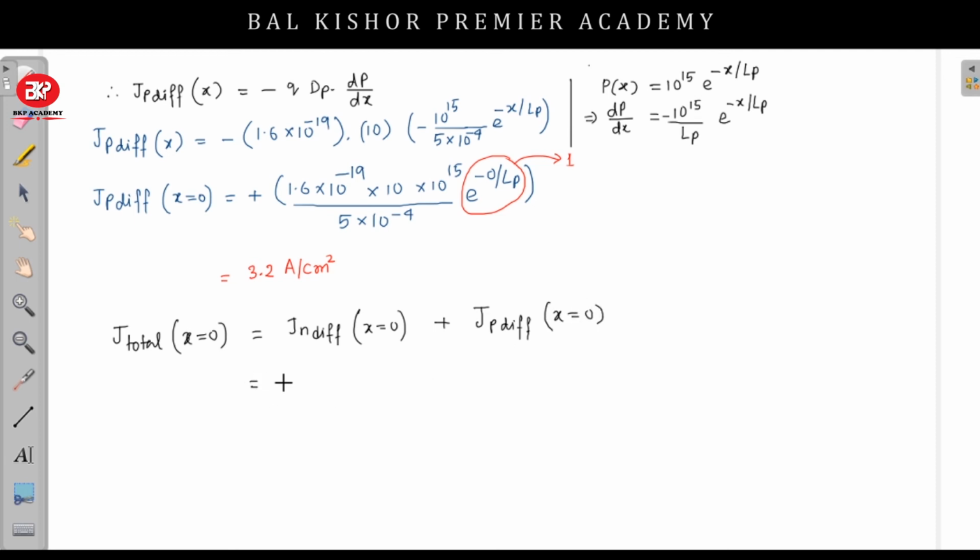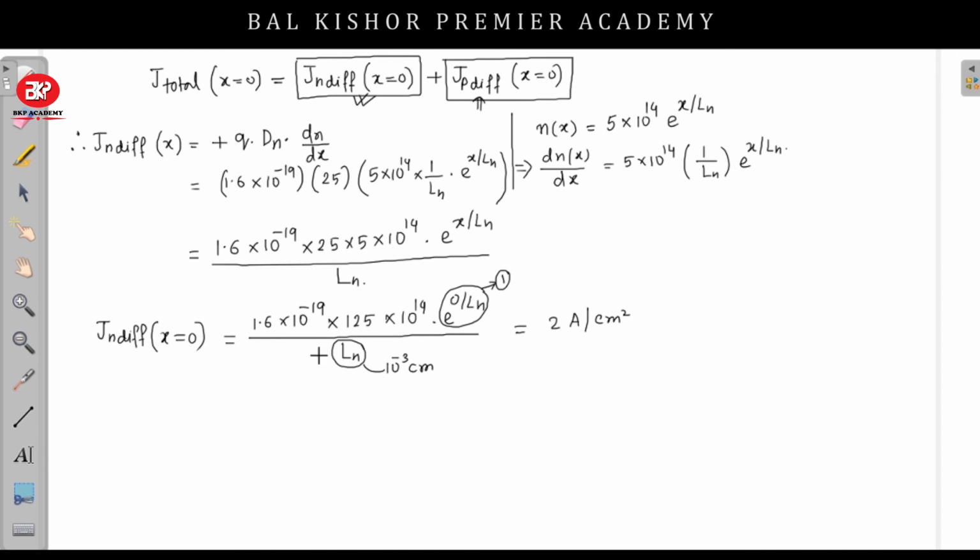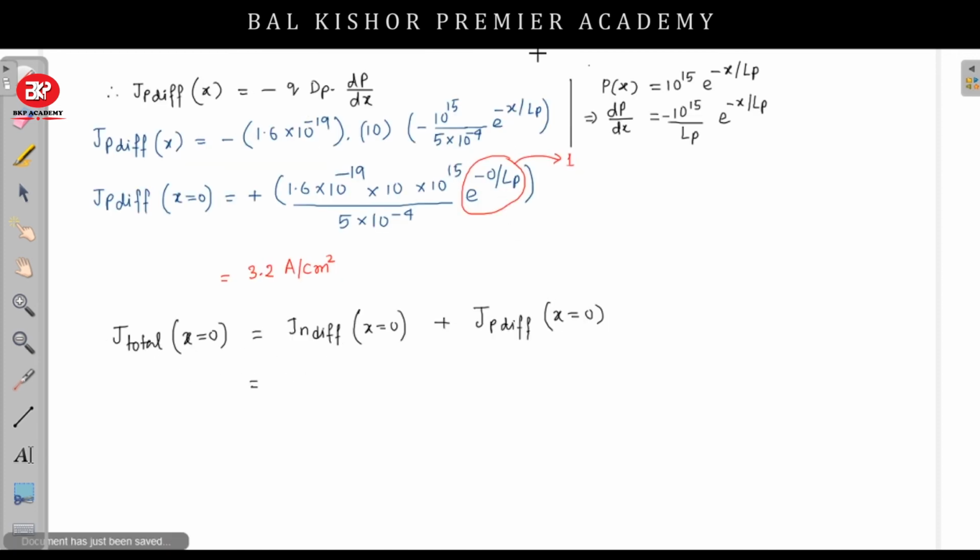Jn diffusion came out as 2 ampere per centimeter square, and the Jp value is 3.2 ampere per centimeter square. So ultimately it will be 5.2 ampere per centimeter square.